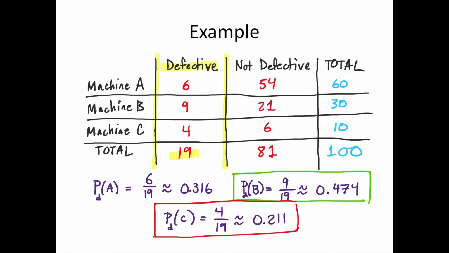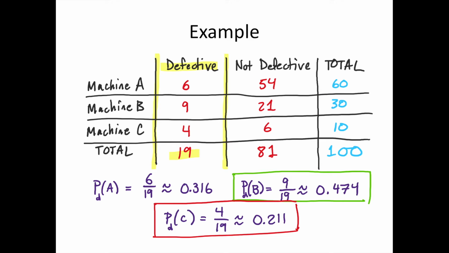Well, it's because machine A produces the most parts, but it also has the lowest proportion of defective parts, only 10%. Machine B before produced 30% of the parts, but if we know the part is defective, we increase the probability we're going to assign to 0.474. In fact, machine B now is going to be the most likely machine to have produced a part given the information that the part is defective.